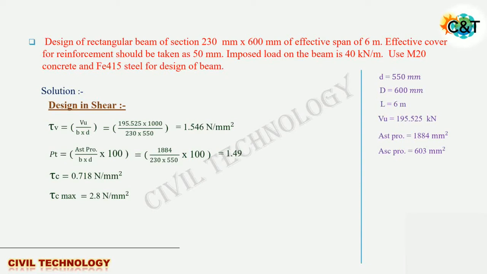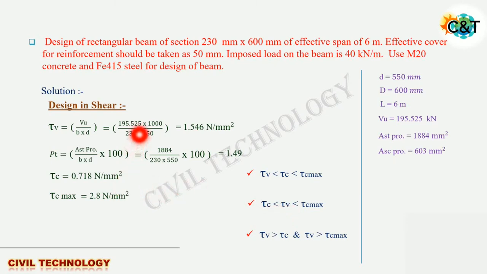In the last video we saw three conditions, and we have to check which condition is correct in our case. First, tau v and tau c: here tau v is greater than tau c, which means it may be in the second condition or the third condition.